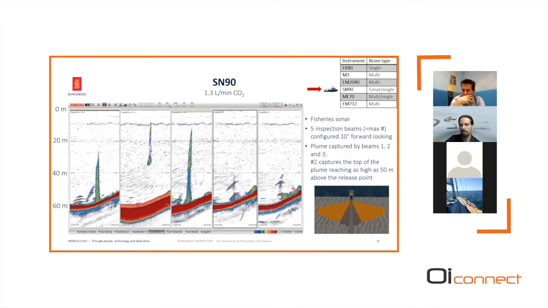As you can see, these beams point in different directions, and this is the explanation why you see different sections of the plume in beam 1, in beam 2, and in beam 3, while you only touch some parts of it in the other beams. The inspection beam number 2 showed the highest rise height, up to 50 meters and only 10 meters below the water surface.